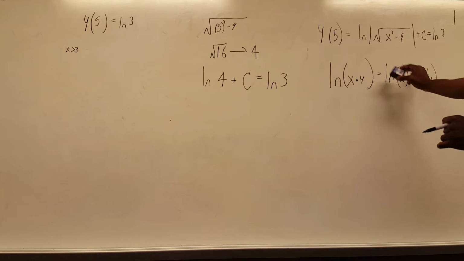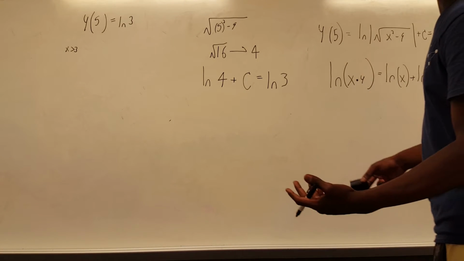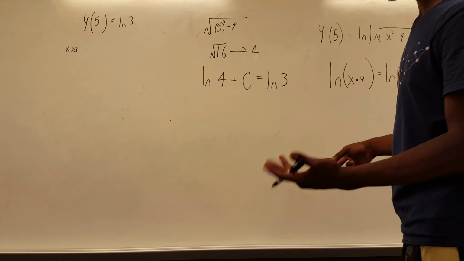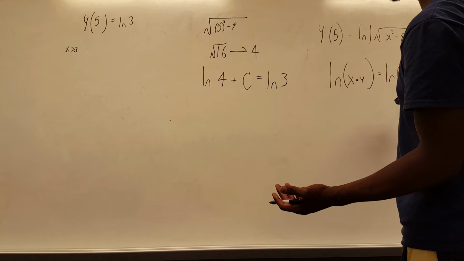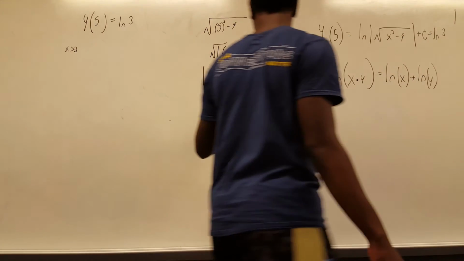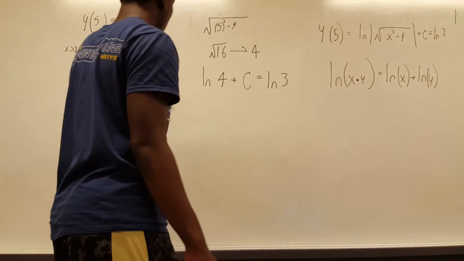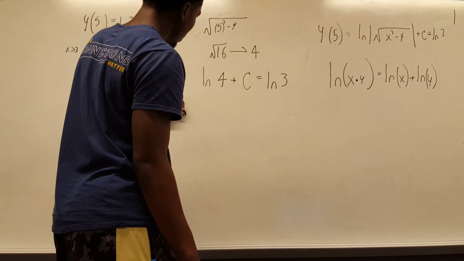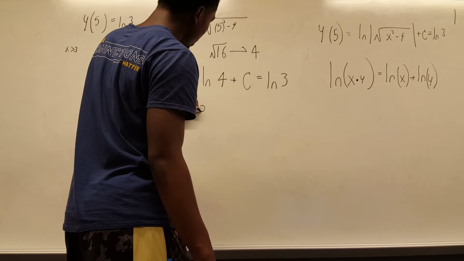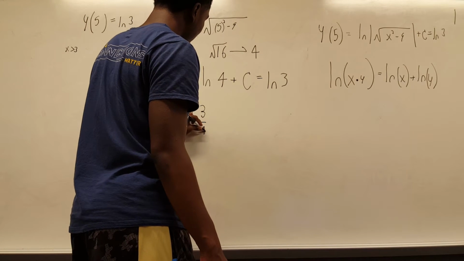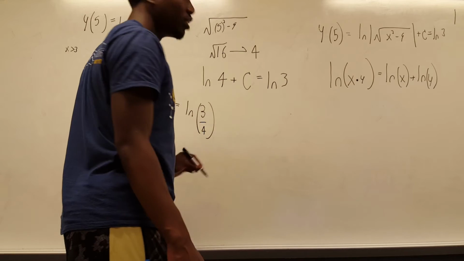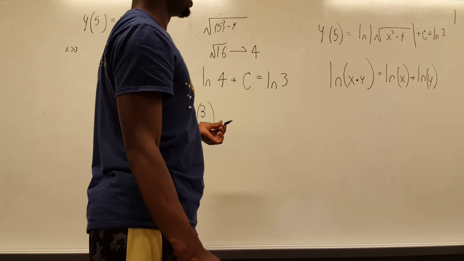We look at this formula and ask what number abiding by it can give us the natural log of 3. If we make C equal to the natural log of 3 over 4, or 3 divided by 4, this might work out.